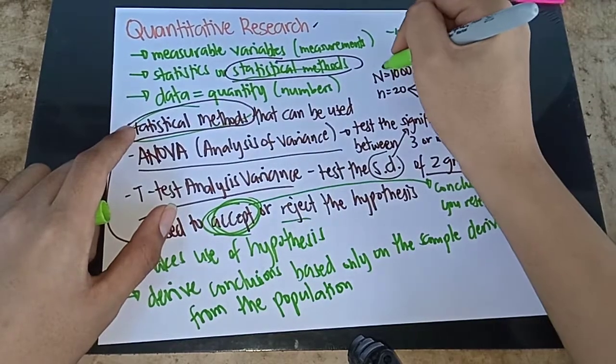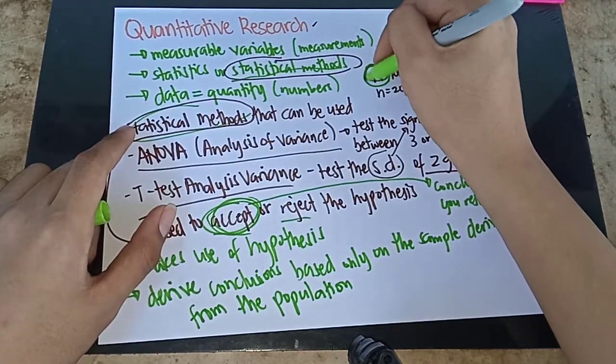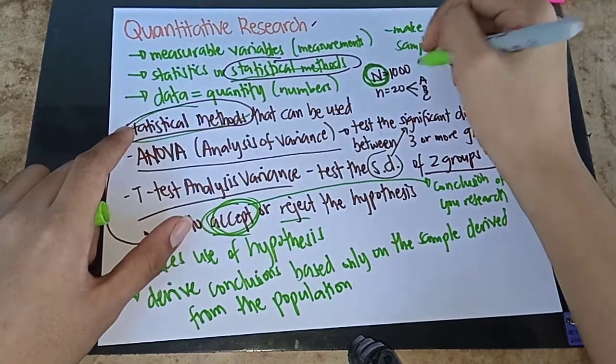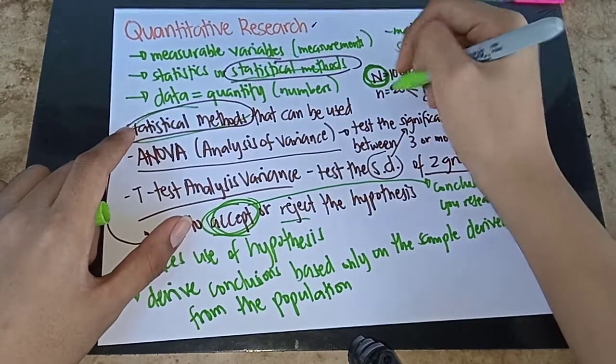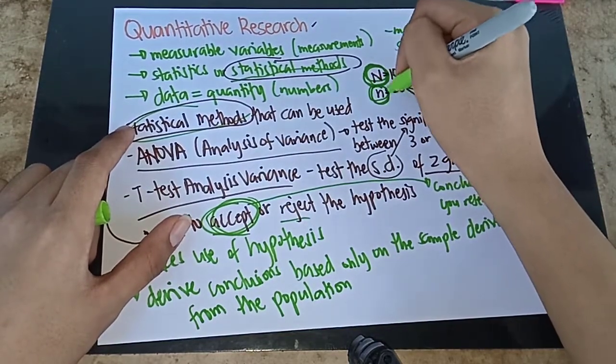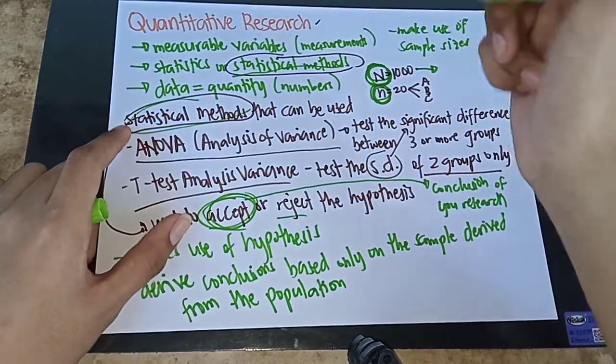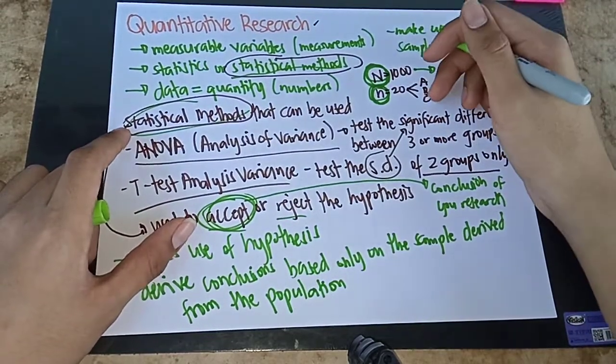The population, which is the big letter N, you only pick out samples in quantitative research to represent the whole population.